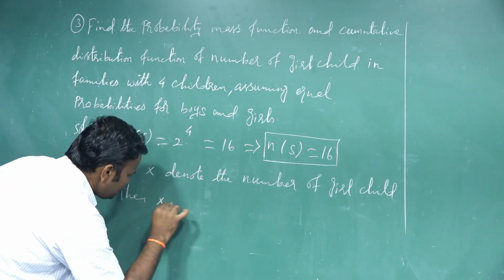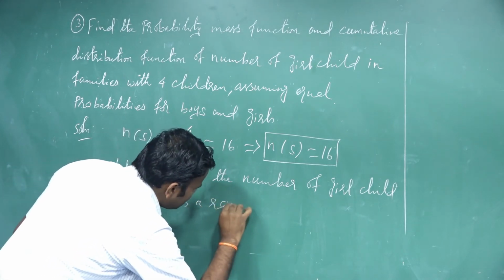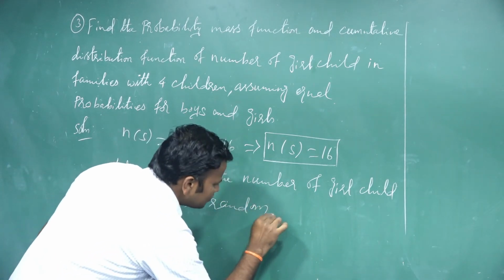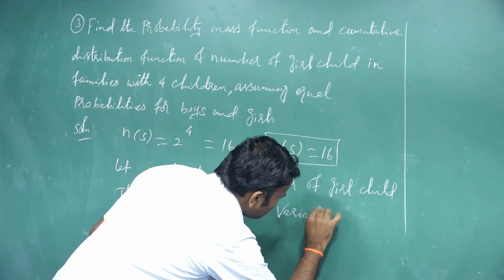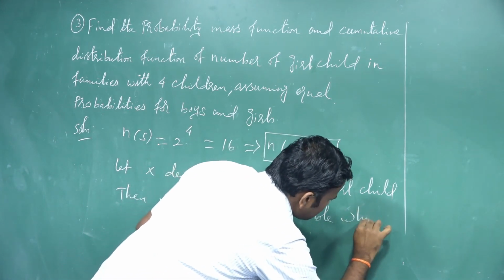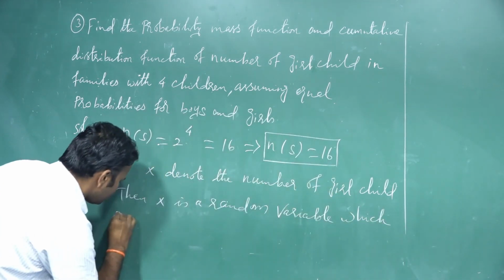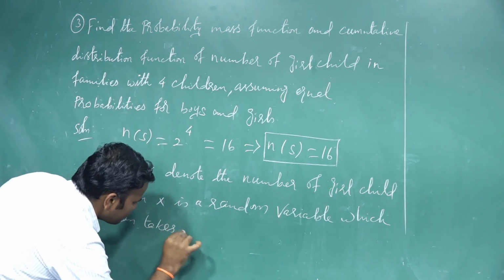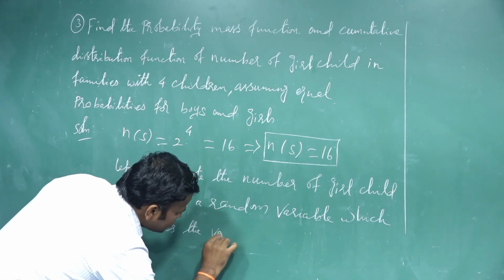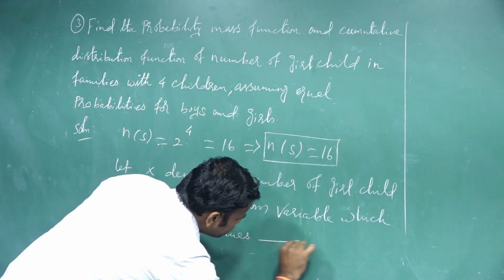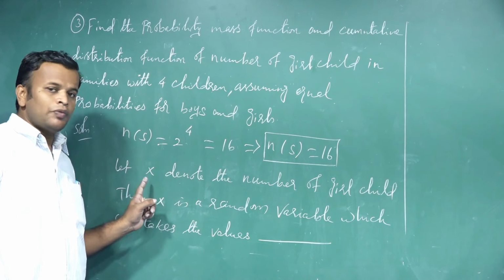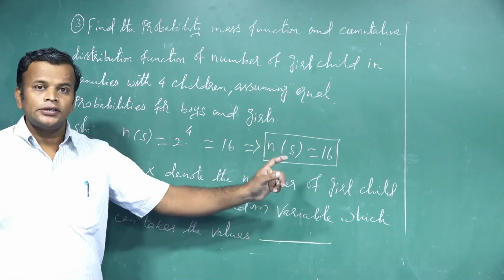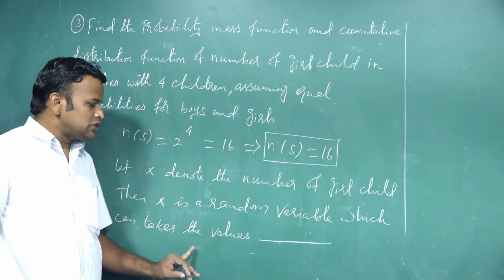Then this X is a random variable which can take values. The values of the random variable are very important. We assume X is the number of girl children. Then this X is a random variable which can take a value.